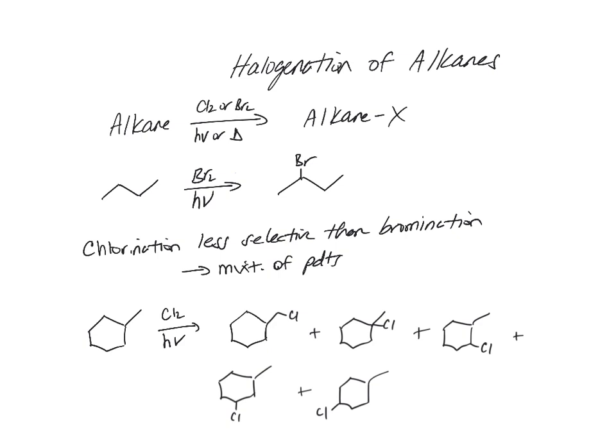So doing a chlorination of an alkane was not a particularly effective method of putting halogen on, because you'd have a big separation step. Conversely, if you did bromination of the same molecule, Br2 and light, bromination really favored the tertiary.